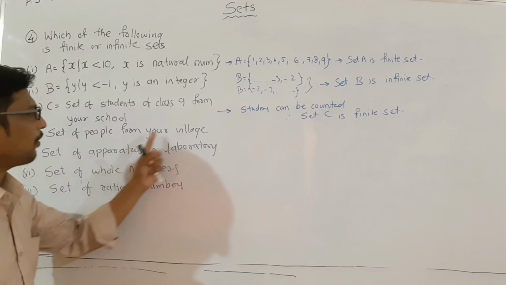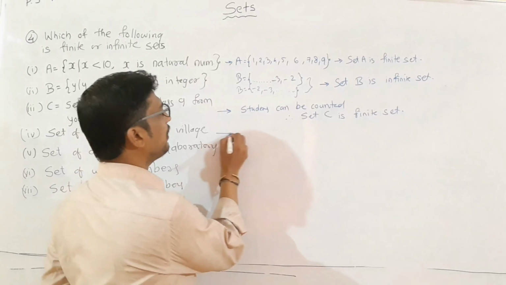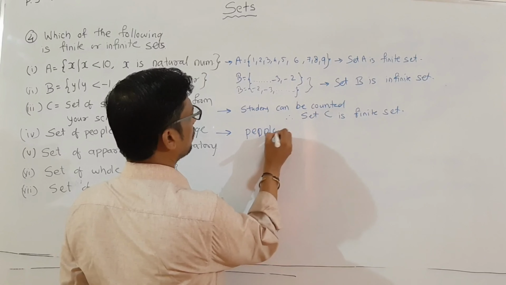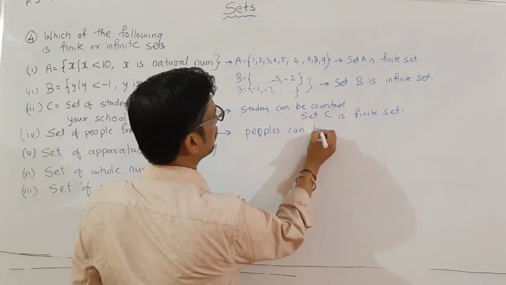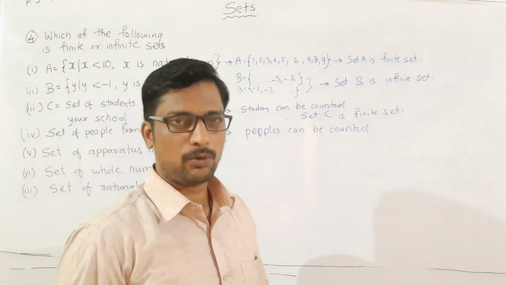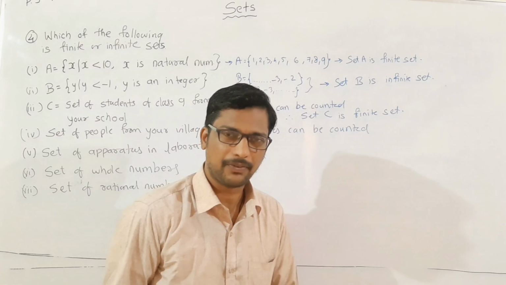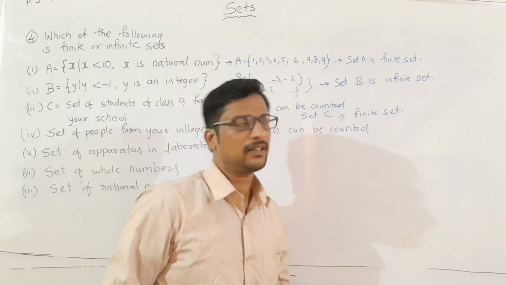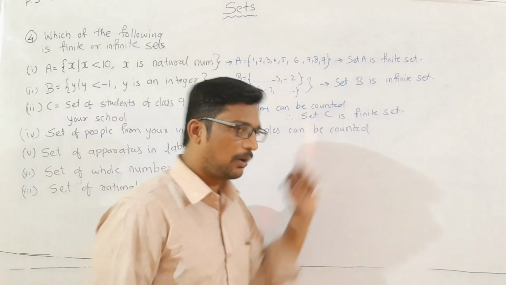Set of people from your village. Well, yes, we can count. People can be counted. No doubt, it will take 1 day, 2 days, 3 days, maximum 1 week, fine. Yes, but we can count that set, the people in our village, isn't it? So, people can be counted.